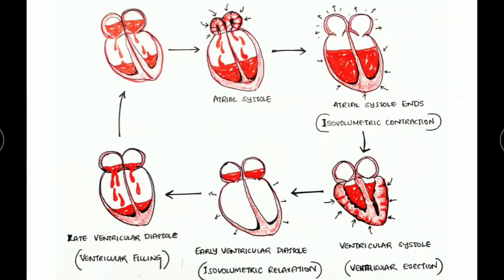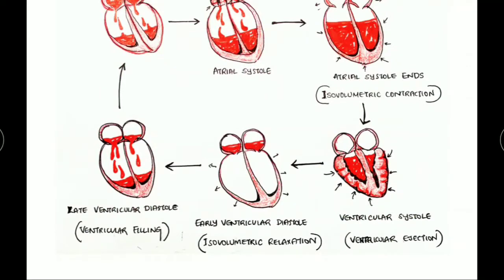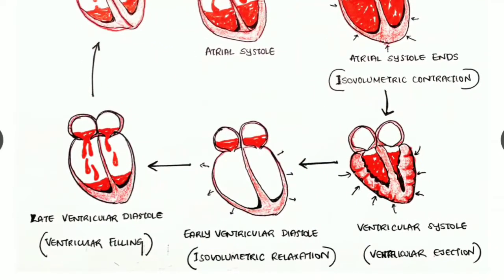This is just before the ventricular systole. The next stage is the ventricular systole, where the ventricles contract and there is ventricular ejection. That is, all the blood is pumped out of the heart via the aorta as well as the pulmonary artery.